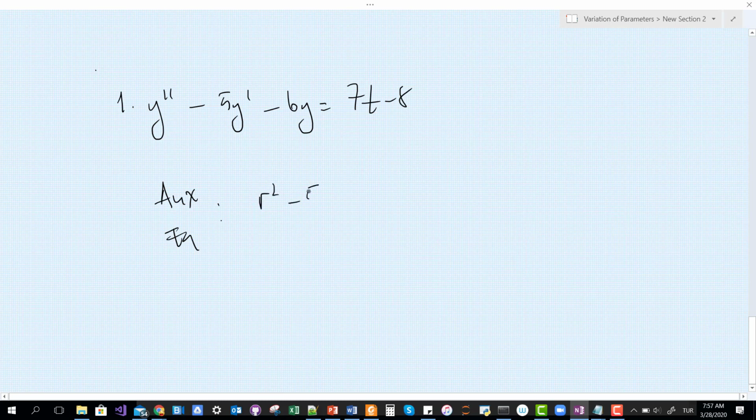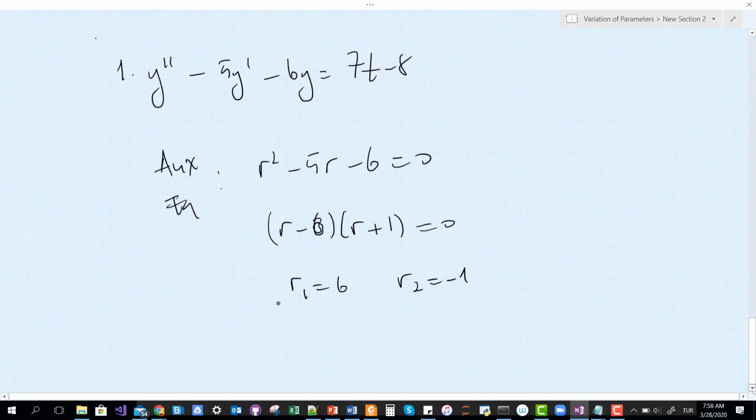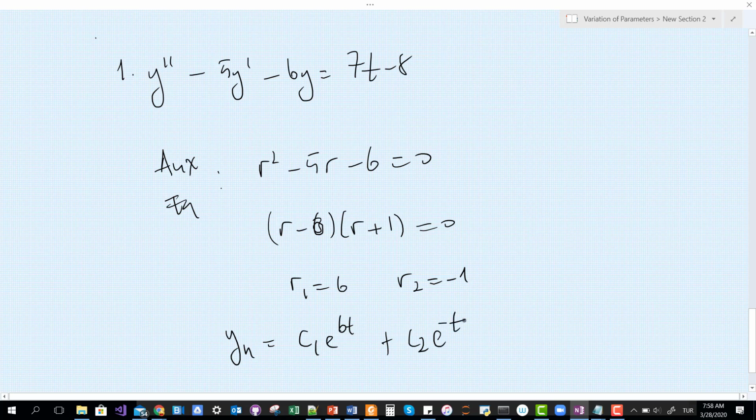So it is r^2 - 5r - 6 = 0, and I can factor it out: (r - 6)(r + 1). Then the roots for this auxiliary equation are r1 = 6 and r2 = -1. And so my homogeneous solution is c1 e^(6t) + c2 e^(-t).